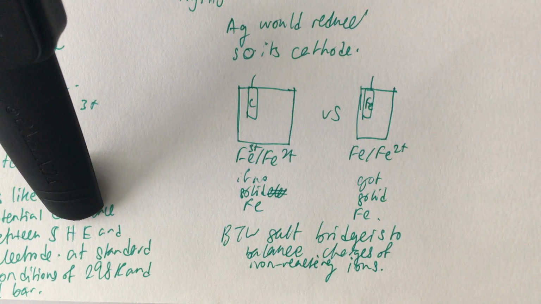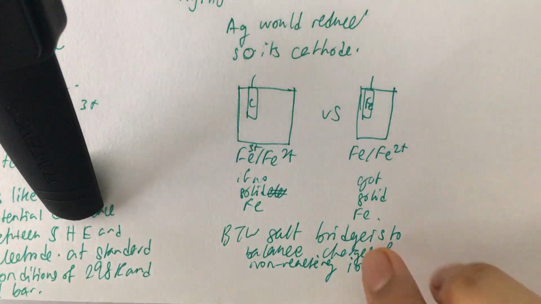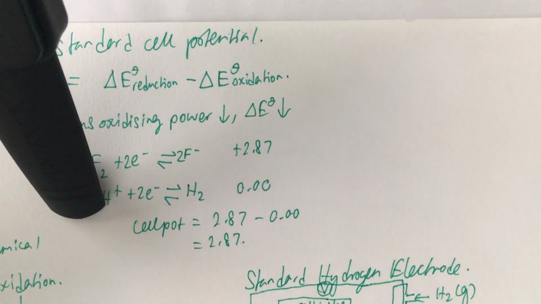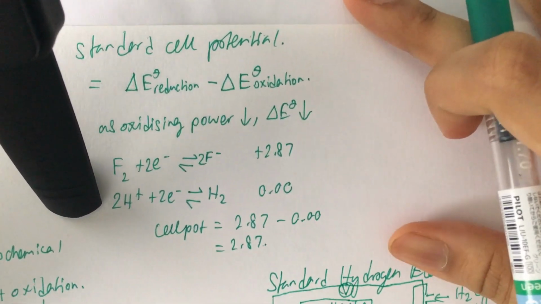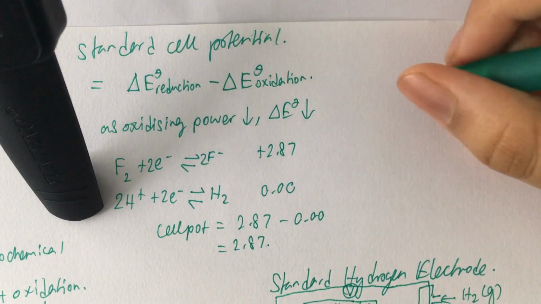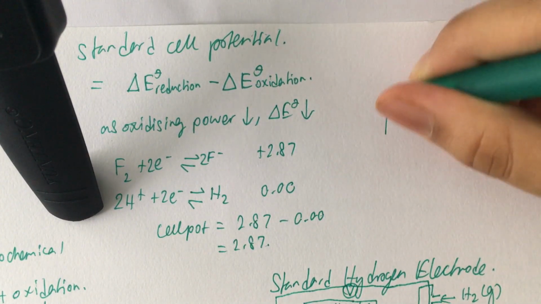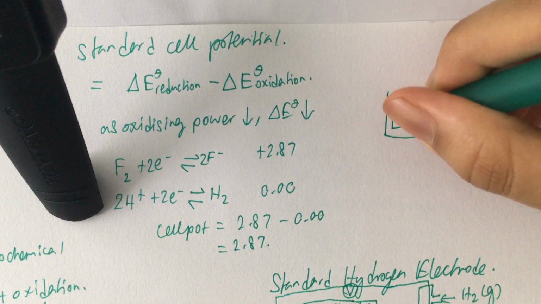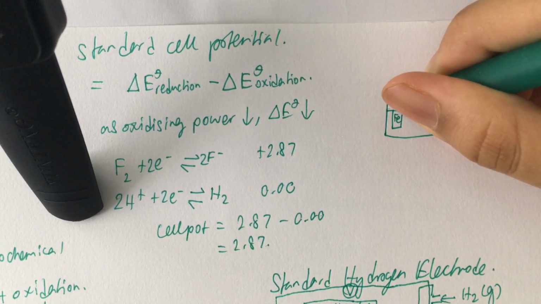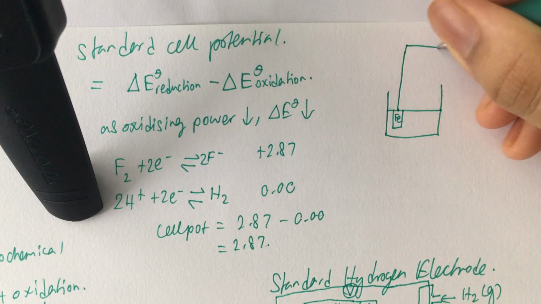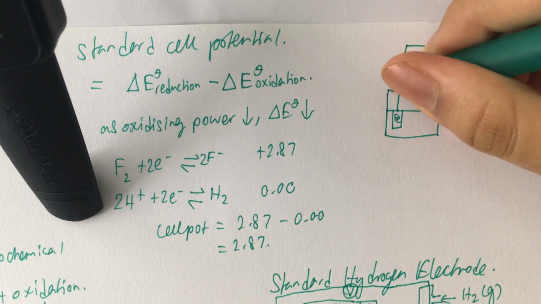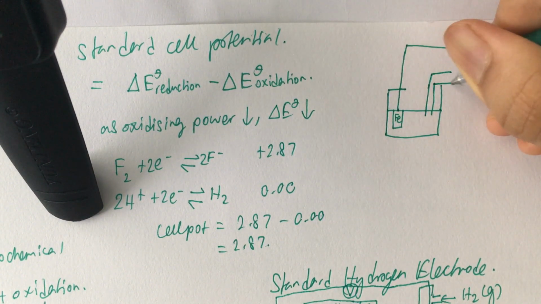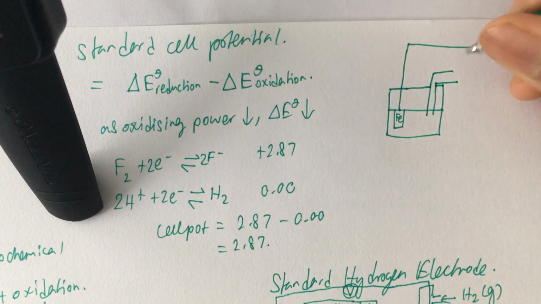As I mentioned earlier, let's say you want a cell where one of the electrodes is Fe to Fe2+, and then the other one might be the water one, I don't know, or maybe the zinc one.